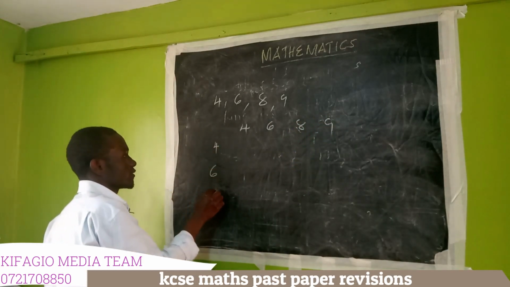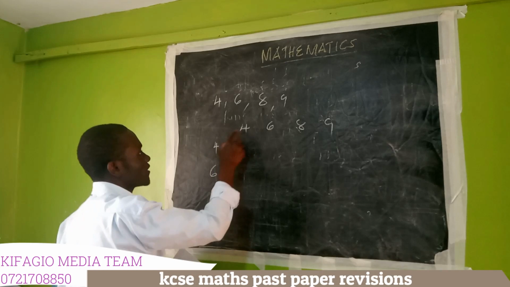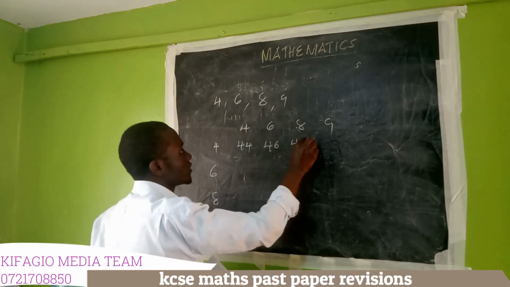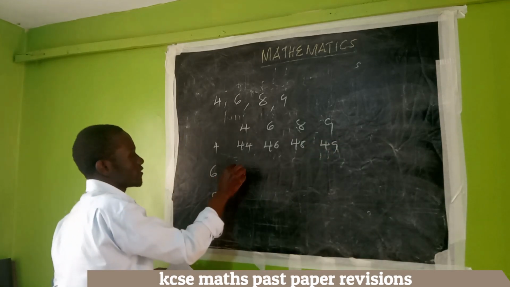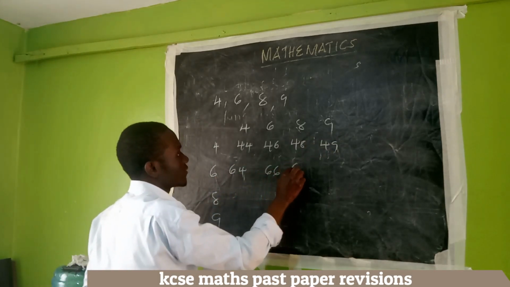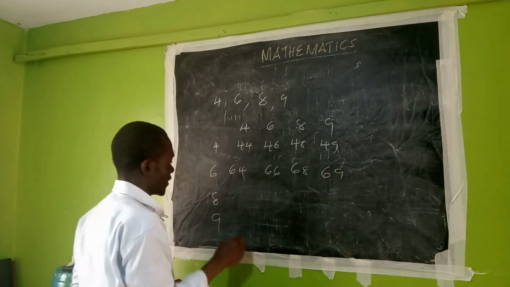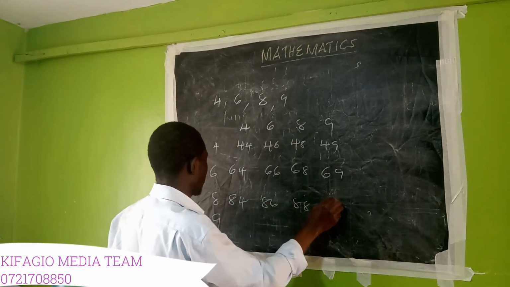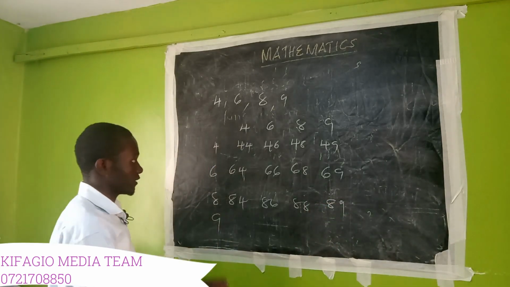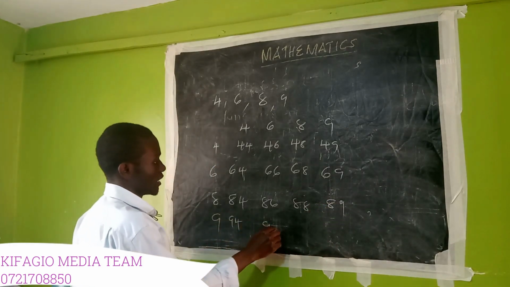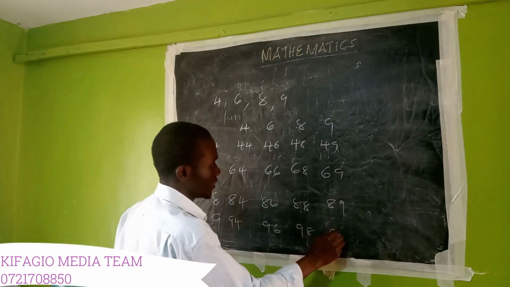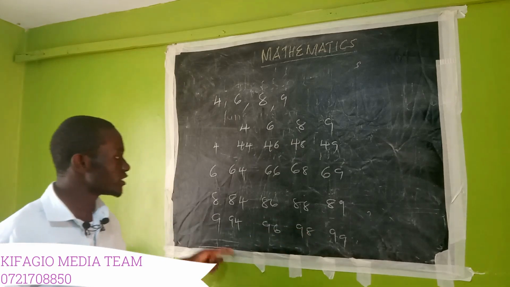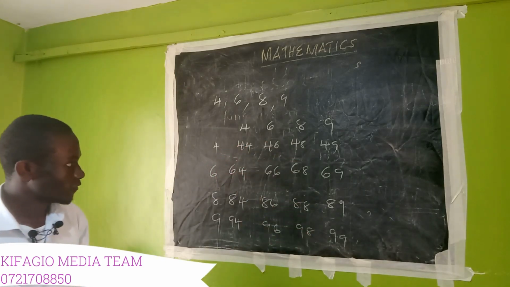So the numbers are 44, 46, 48, 49, 64, 66, 68, 69, 84, 86, 88, 89, 94, 96, 98, and 99. And these are all the possible two-digit numbers that can be formed.